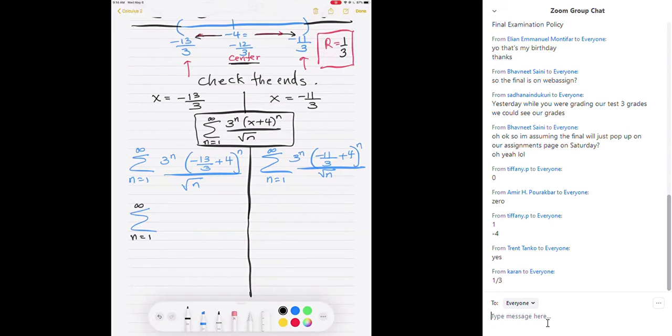So can I say that this is going to be 3 to the n, negative 1/3 to the n over square root of n? And you're going to check that for me. Similarly, this one is going to be 3 to the n, 1/3 to the n over square root of n. Questions? Are we okay?